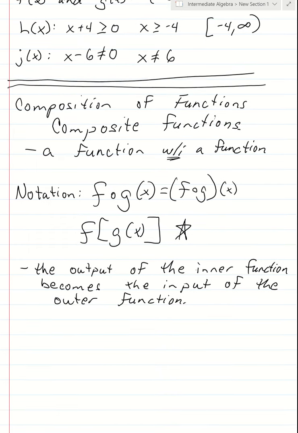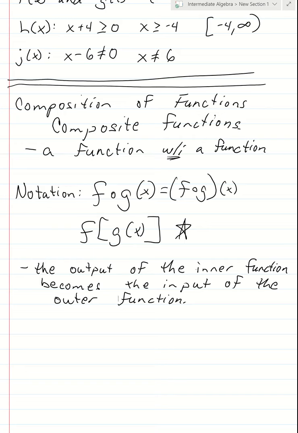When you substitute something in, you get something out. And that's why the output of your inner function, so in this particular case, if I was to use this last way of writing, the output of g of x becomes the input of the function f of x, because that's the outer one.